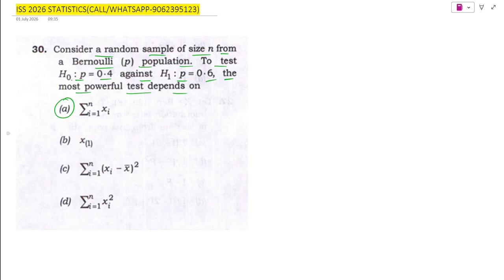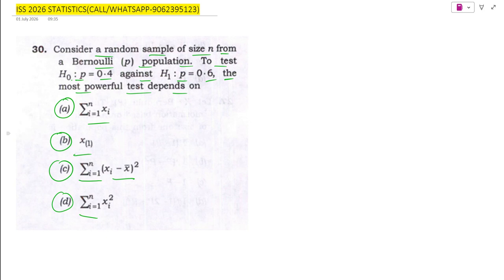Option A says summation i equal to 1 to n xi, B says x1, C says summation i equal to 1 to n (xi minus x bar) whole square, and D says summation i equal to 1 to n xi square. Okay. So we have to calculate the correct answer, right?